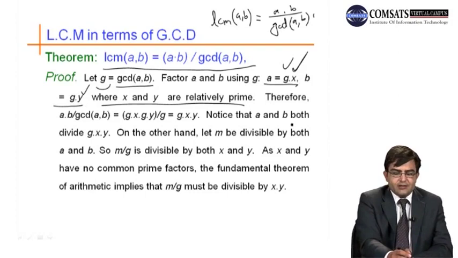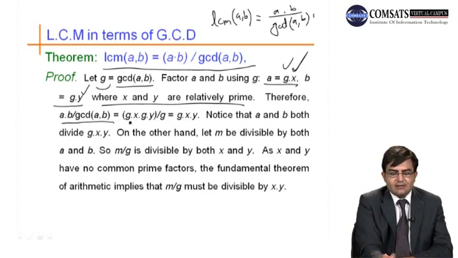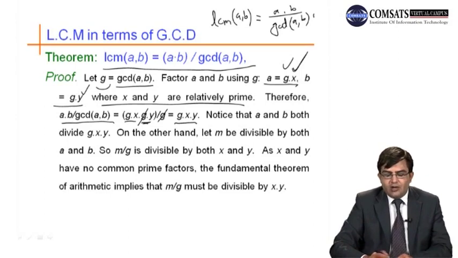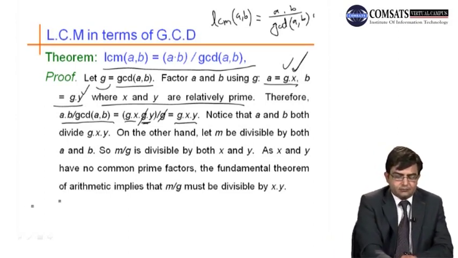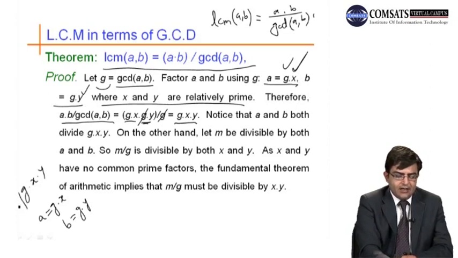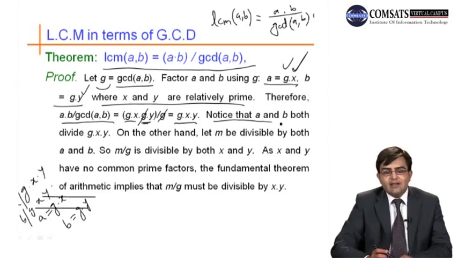Therefore A into B divided by GCD of A, B: A can be written as GX, B can be written as GY, and GCD of A, B is G. So one G will cancel with one G and we are left with G into X into Y. Now, A is G into X and B is G into Y, so A must divide this whole number and B also divides G into X into Y.